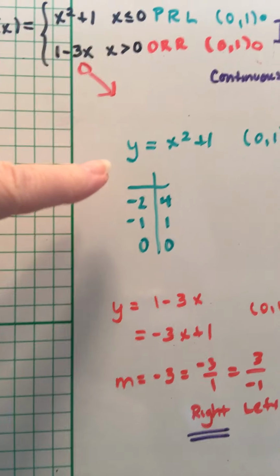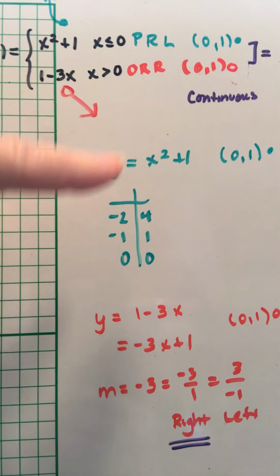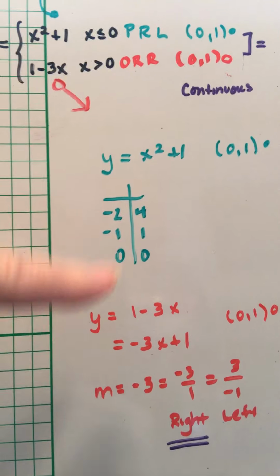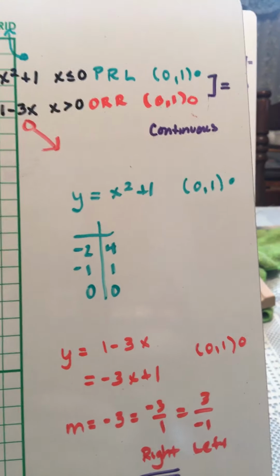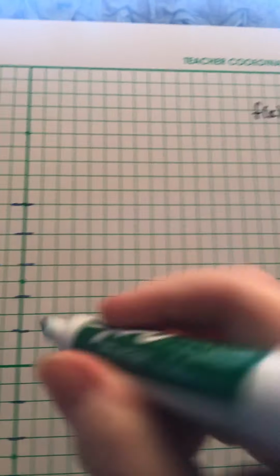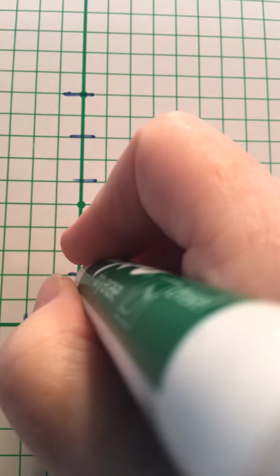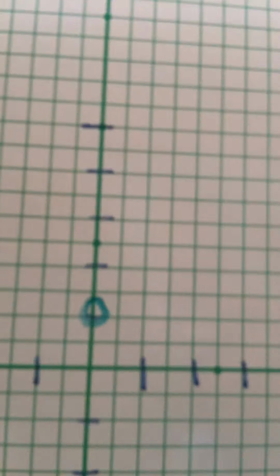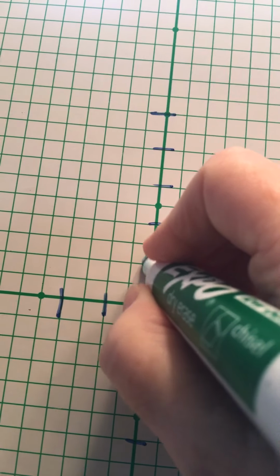Again, you can put the parabola on the left. You can write 0, -1, -2. You don't need to do it the way I did. But notice the vertex is 0, 1. So I'm coming over here, and I put my vertex at 0, 1. And it's supposed to be closed, so I make a nice closed dot.